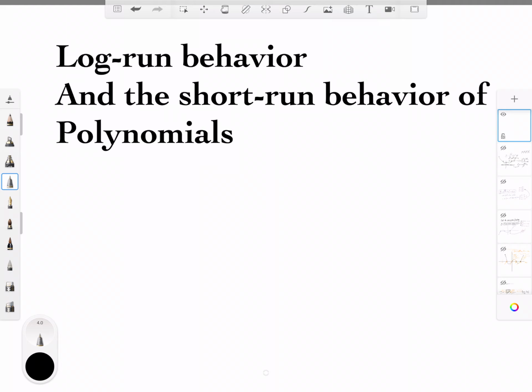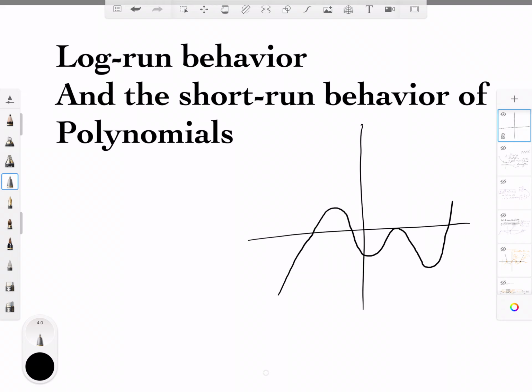I give you a graph and ask what is the equation of the graph. The graph looks like this. H of x.